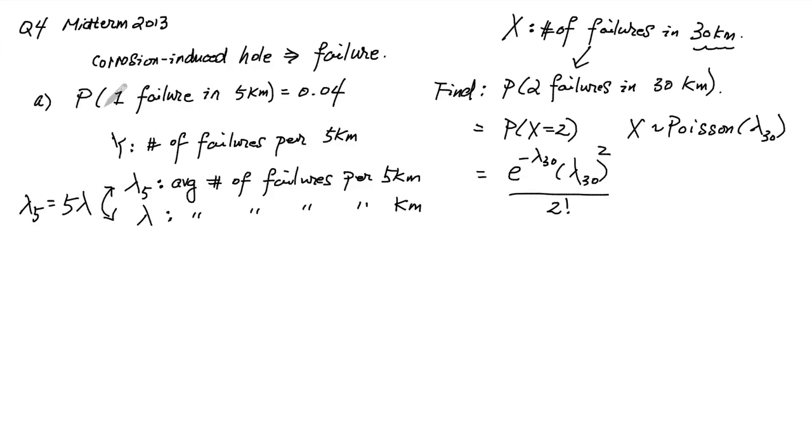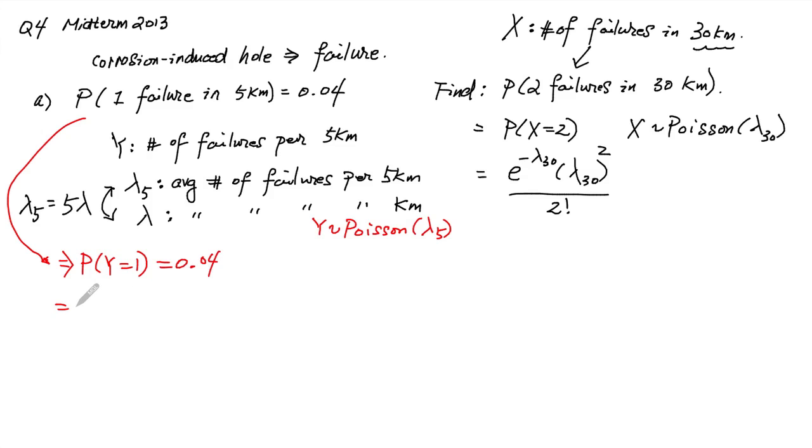So from this given probability here, if I could rewrite that, that's equal to the probability of y being equal to 1. And y here has a Poisson distribution with some unknown lambda 5. And we can solve for that lambda 5 because we are given an equation here. We're told that that's equal to 4%.